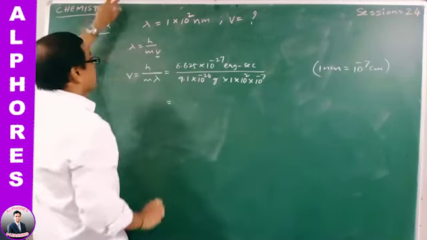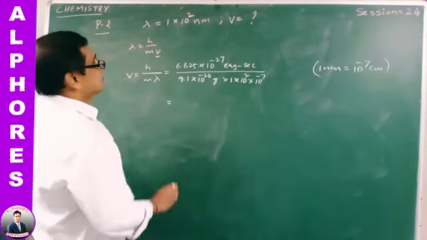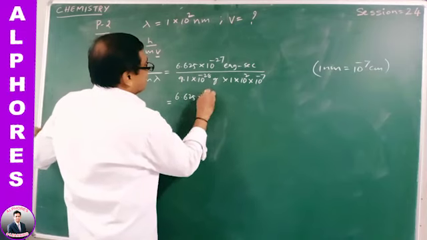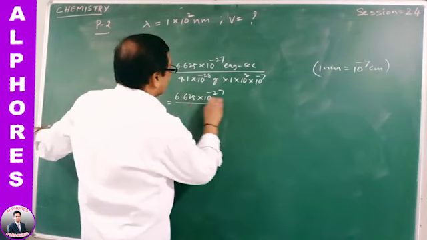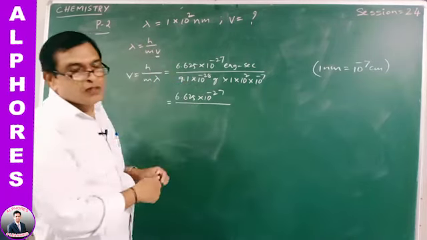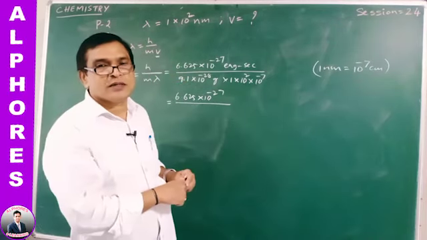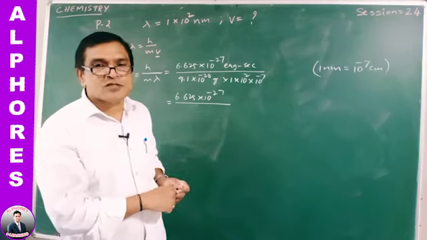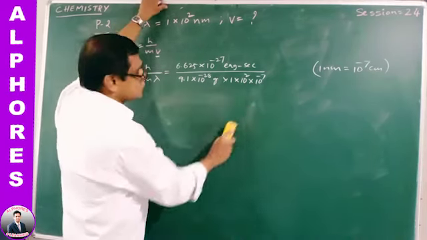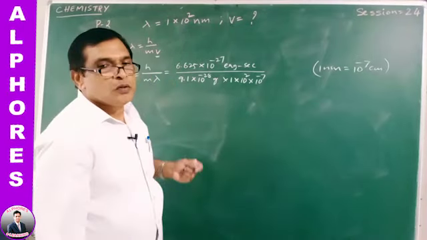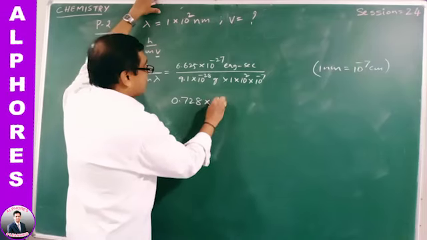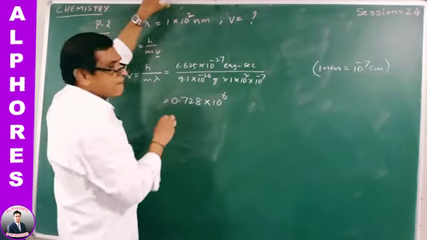Now on solving this, 6.625 into 10 to the power minus 27 by 9.1 into, on solving this, how much do we get? 0.728 into 10 to the power 6.